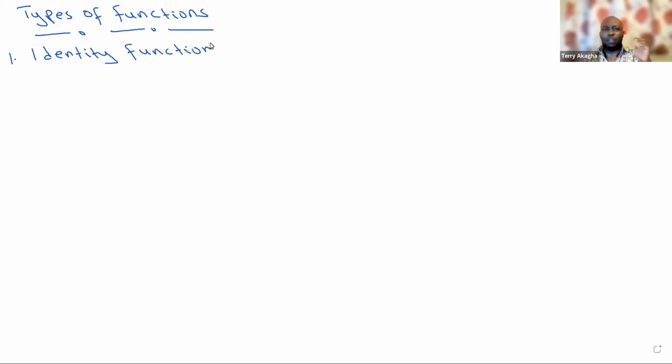So in this identity function, the x will go through the function and the output is going to be equal to the x. If you draw the graph for this kind of function, it's going to look something like this. If the x is 1, the y is still 1. If the x is 2, the y is 2.